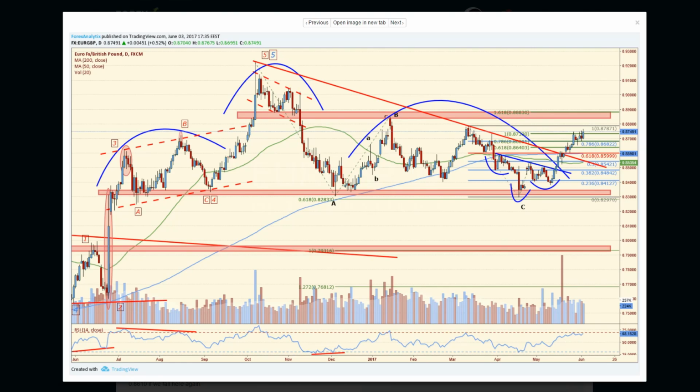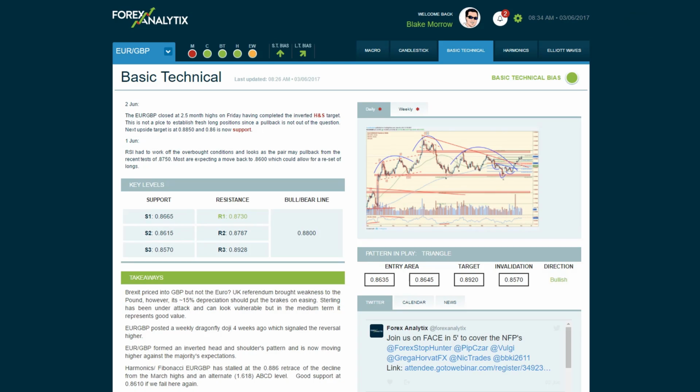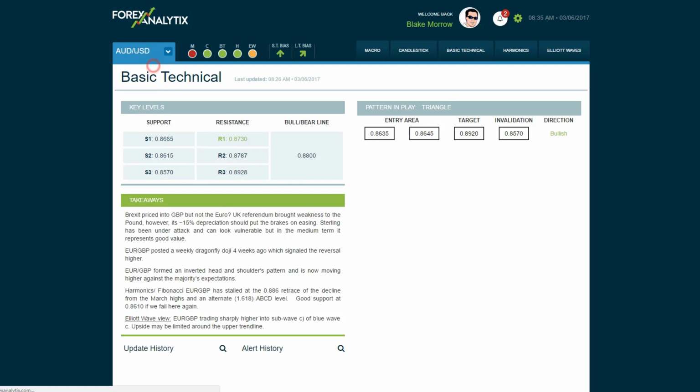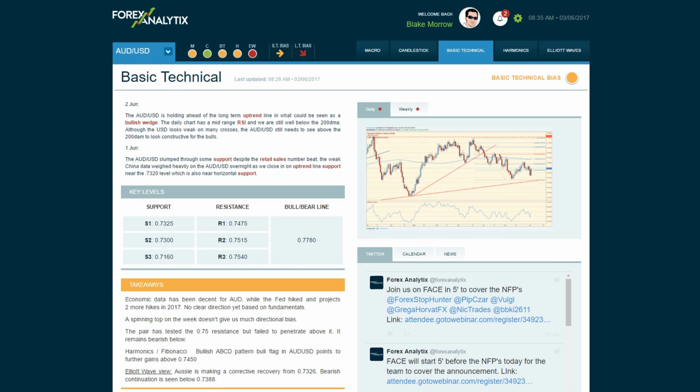A couple other things on the radar this week. On Monday night, you're going to have the RBA rate decision. A lot of these central bank decisions are really going to start to come into focus, because as the Fed looks to raise rates and normalize policy, other central banks are probably going to be following suit.